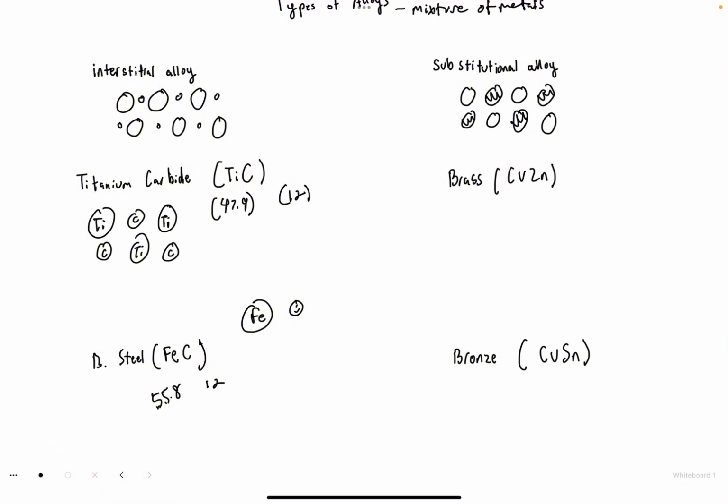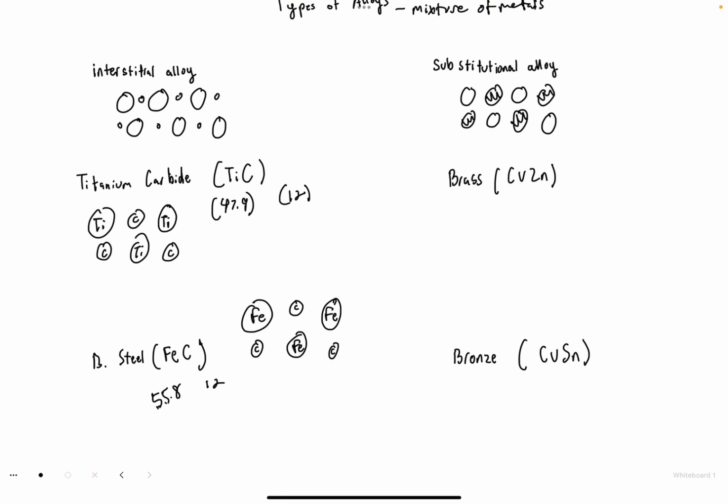Carbon, iron, carbon, iron, carbon. And so those are interstitial alloys.